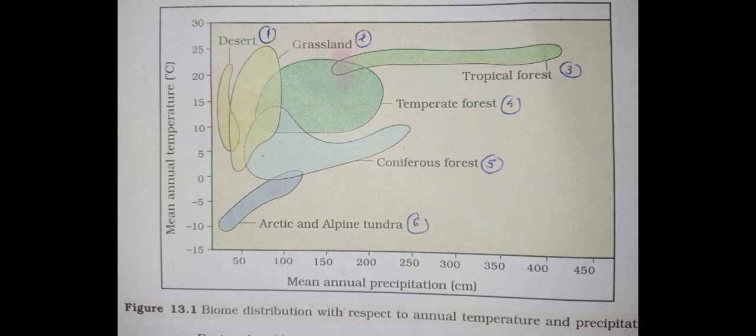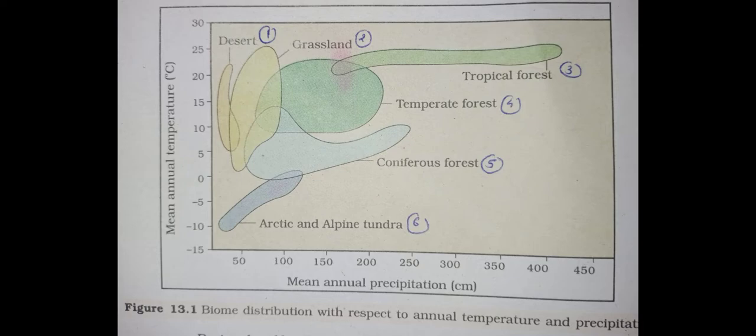You can see a total of 6 different types of biomes. You will remember how many total biomes are there? Total 6. First is desert, second is grassland, third is tropical forest and fourth is temperate forest. Fifth is coniferous forest and sixth is Arctic and alpine tundra.